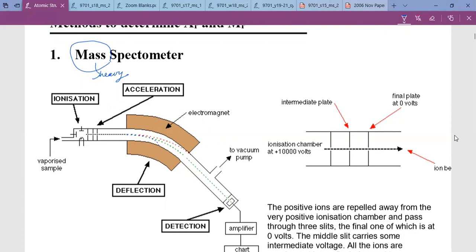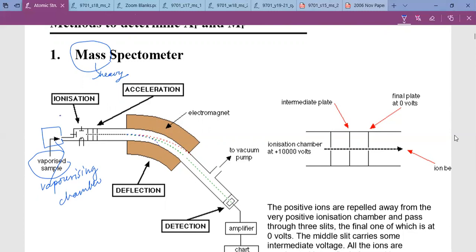Now here I say vaporized sample. In some of these instruments there's a chamber called the vaporizing chamber. Why? Because your substance could be solid or liquid, but what you put inside here must be gas.